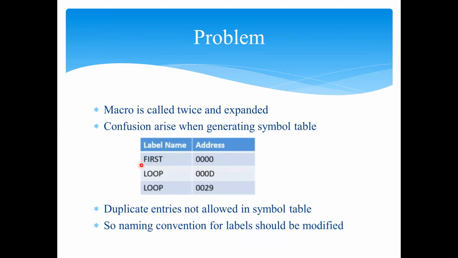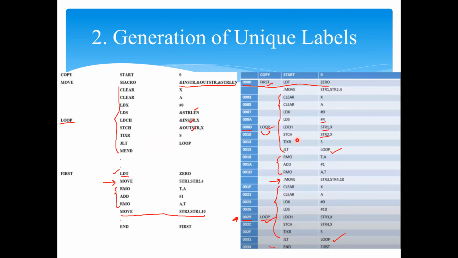As shown in the previous slide, you'll have duplicate entries with 2 addresses, which is not allowed in the symbol table. So we have to come up with a solution for the naming convention for labels. The naming convention for labels has to be modified in some way. You cannot have these 2 labels defined in the same way.